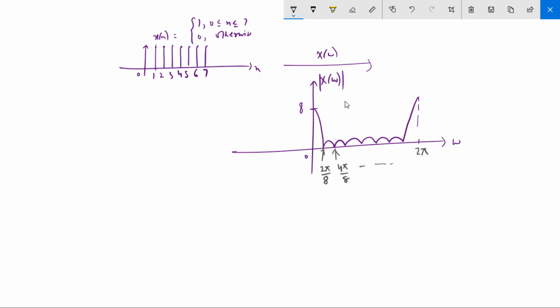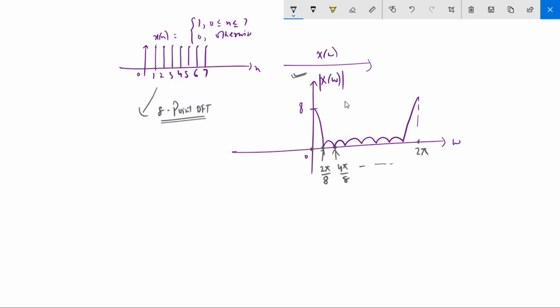Okay. Now when you find its 8-point DFT, what it means is you are simply sampling its Fourier transform. You are taking 8 samples between 0 to 2 pi. The first sample you will take at 0, that is 8. The next sample you take at 2 pi by N, 2 pi by 8, where it is 0.